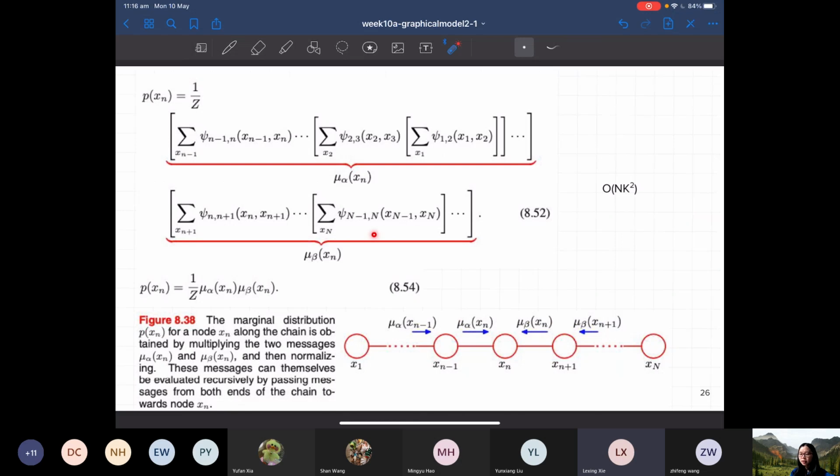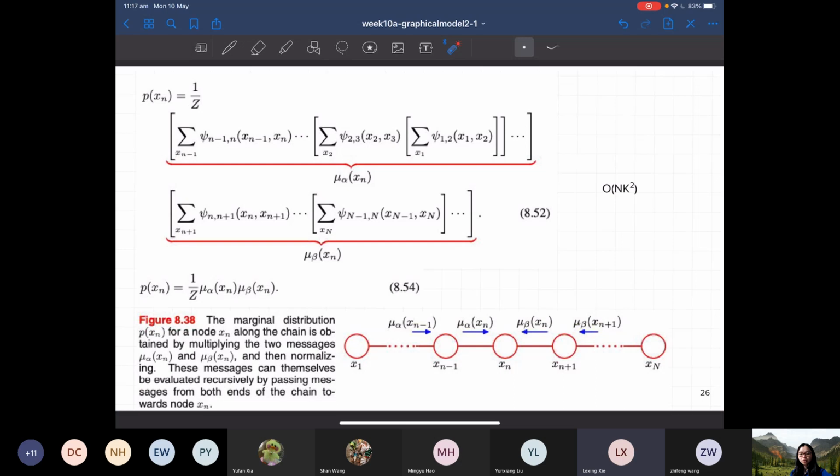After we perform subsequent sums, the corresponding variable will disappear from the expression. So that's nice. We call this whole result of the summation mu beta, indexed by xn. The terminology of alpha and beta here just indicates whether it's before or after the variable in question, and the variable in question is xn. And the partition function or normalization remains the same, right?